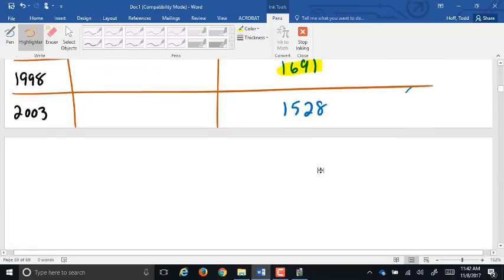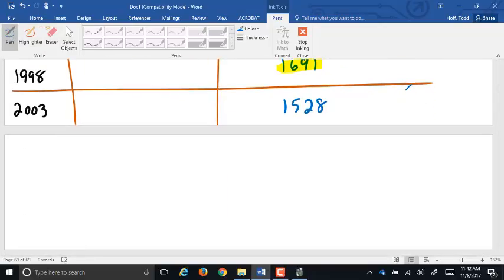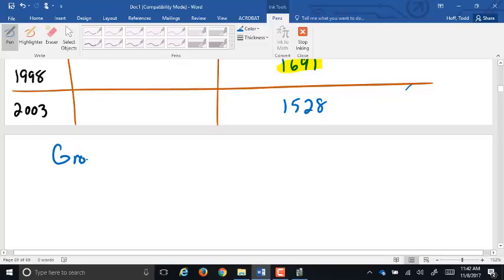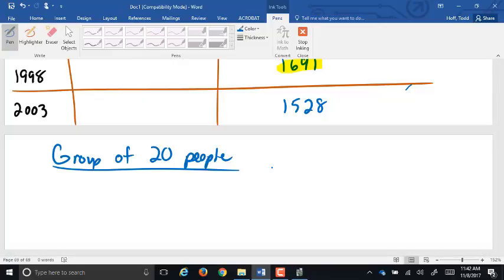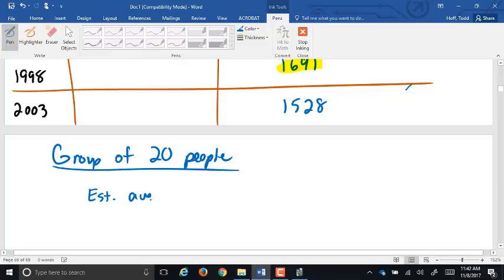But let's say I pick a group of 20 people and I apply one of these formulas to all 20 of them and I average it out. Do you think that average that I get, my estimated average, is going to be close to the real average for that group?